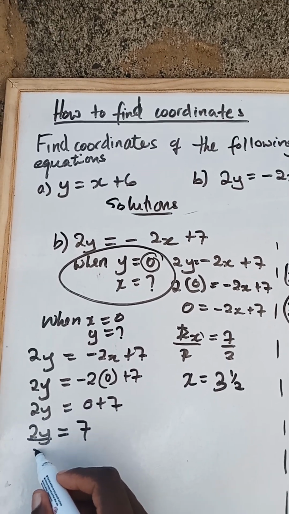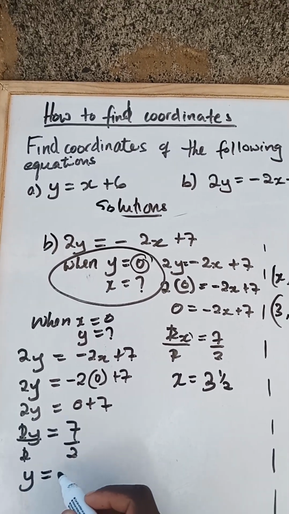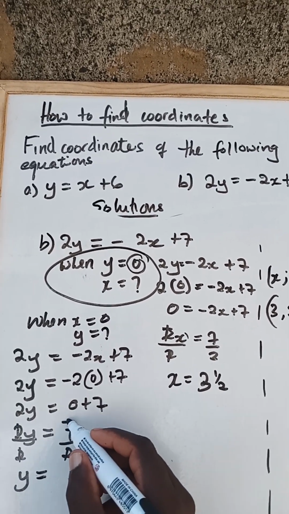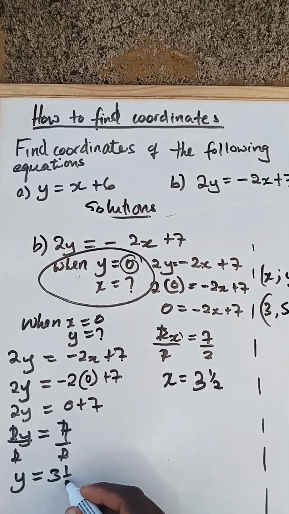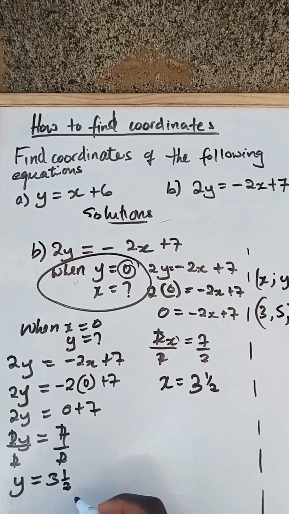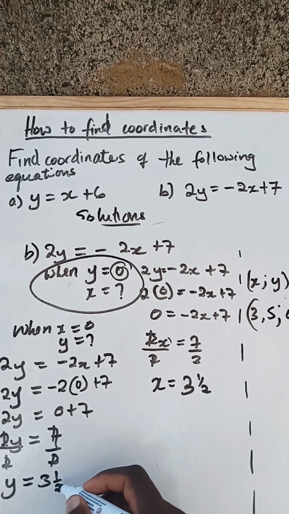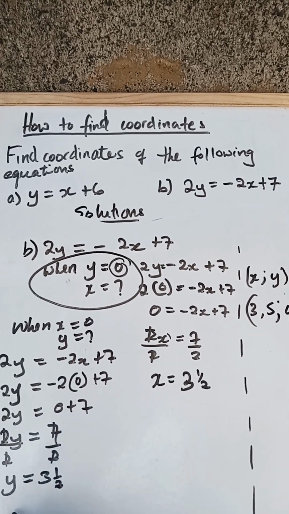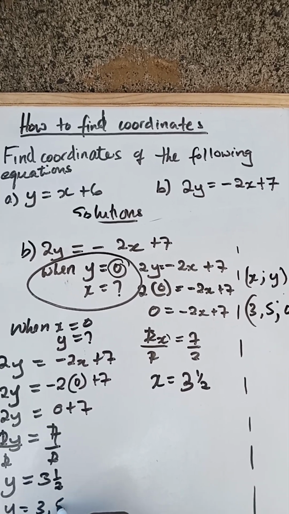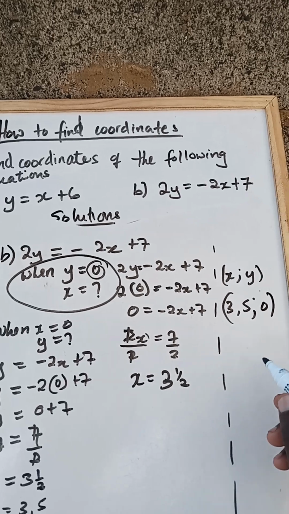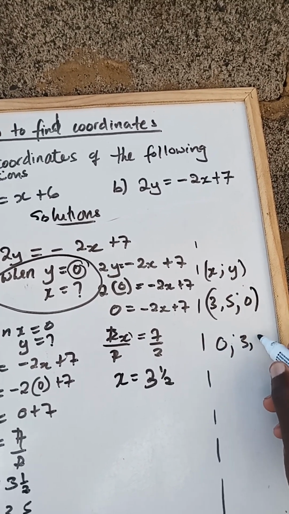Alright, we divide both sides by 2 to make y the subject. So y is equal to 7 over 2. 2 goes into 7 3 times and gives a remainder of 1 over 2. So in other words, we are saying y is equal to 3.5 as a decimal. So let us write 0 and 3.5.